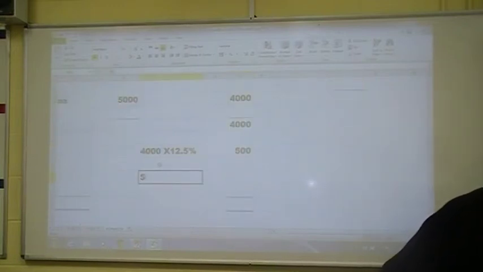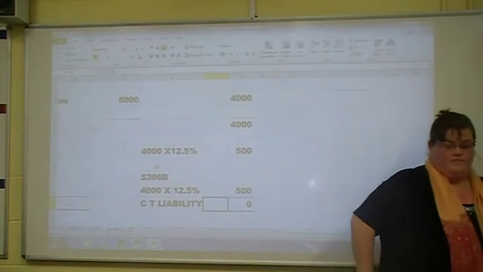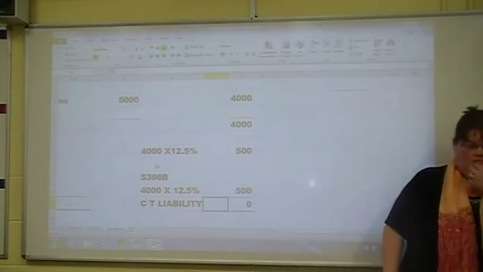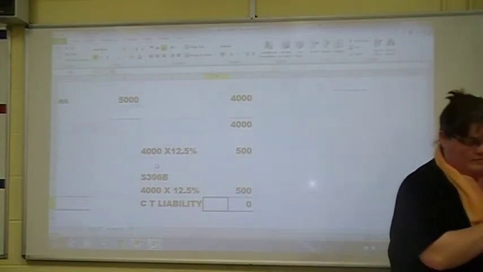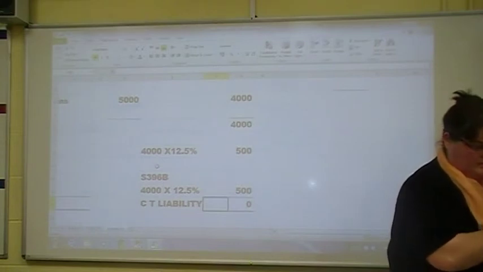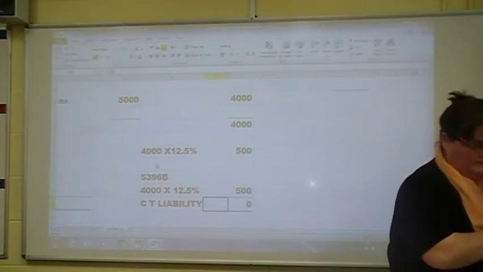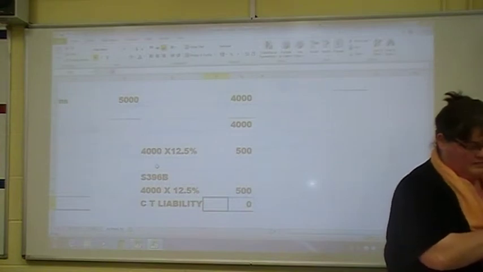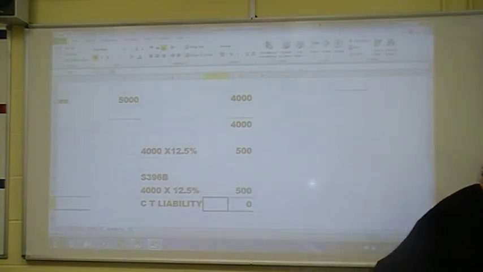So our section 396B is 4,000, 12.5% is €500, which gives us a CT liability of 0. So that's our section 396B.